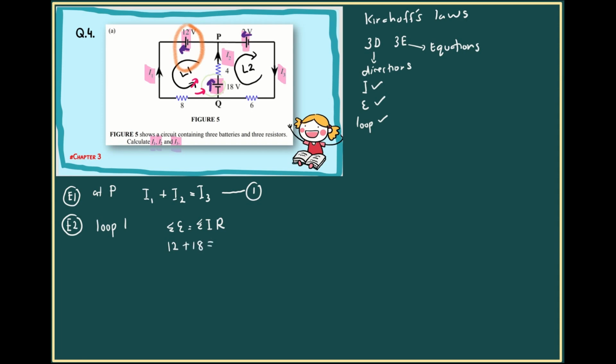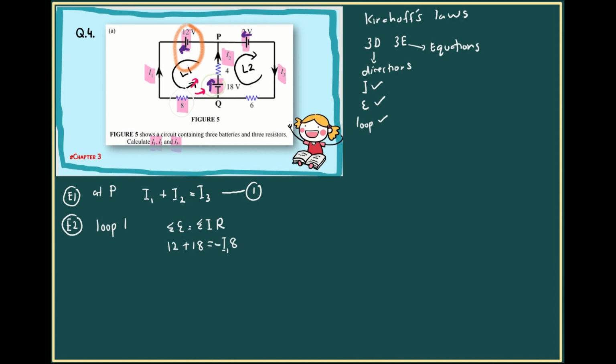We have 2 resistors. We have the 8 ohm resistor, and the current flowing in the resistor is I1, so I1 times 8, 8 I1. The direction is opposite, so it's supposed to be negative.